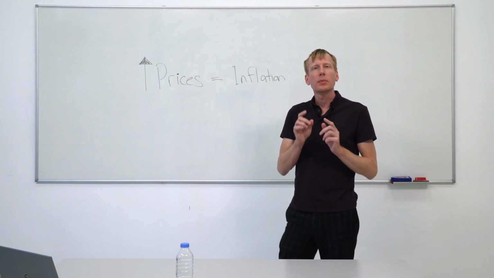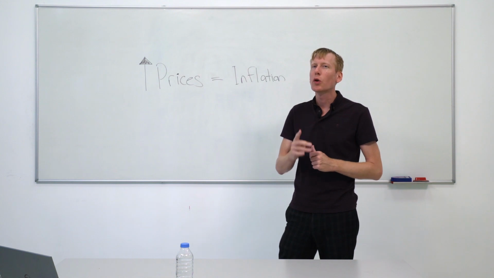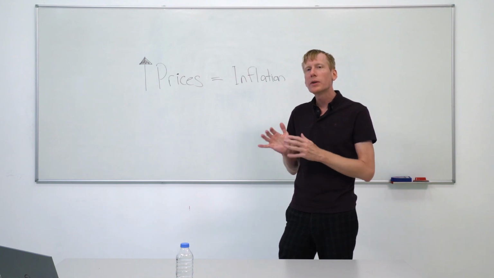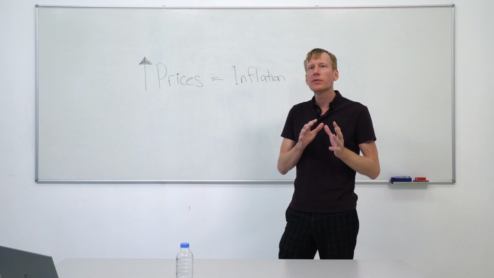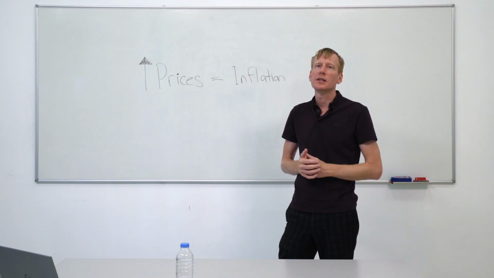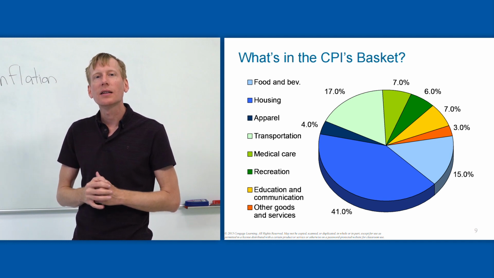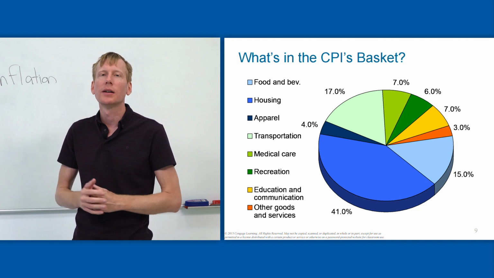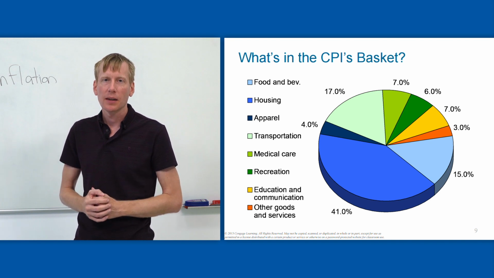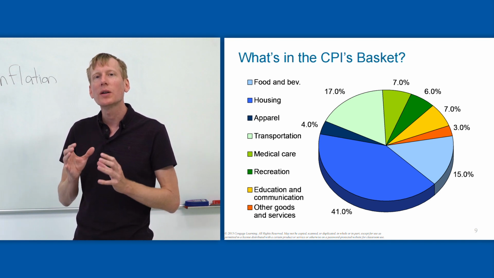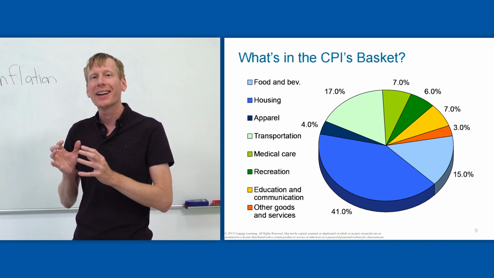Before we use that example to explain something that we think might be wrong with the CPI, let me just briefly introduce what kinds of goods tend to show up in the CPI and in what proportions. In the United States CPI specifically, you can see that the largest share of any category of goods is housing. The average consumer spends 41% of their income on housing.